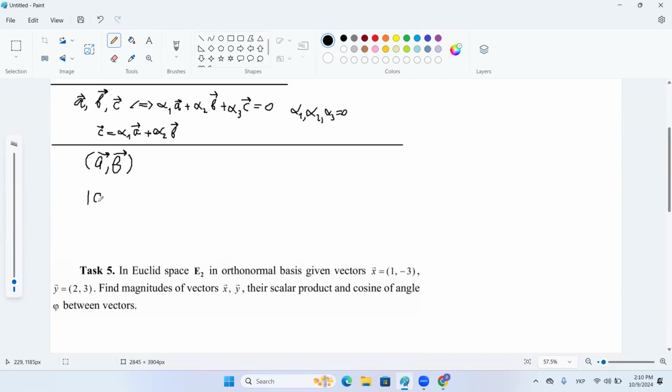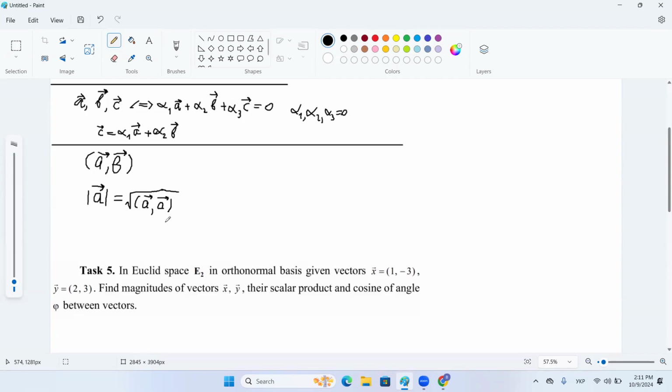And the magnitude of the element, or its norm, can be found using the square root of the scalar product of the element by itself. Actually, what you already did.